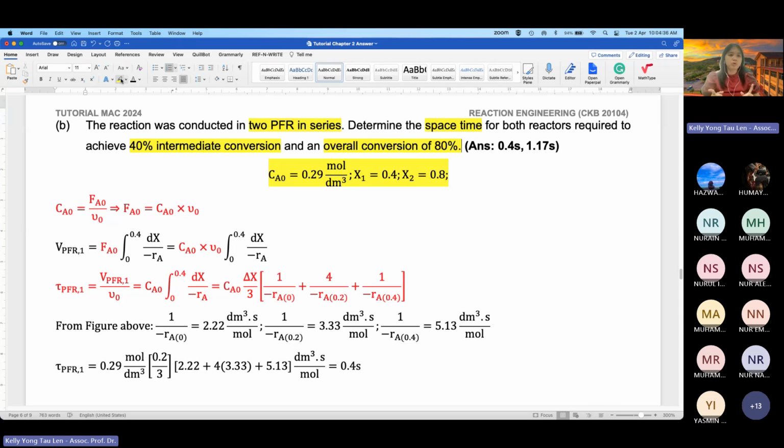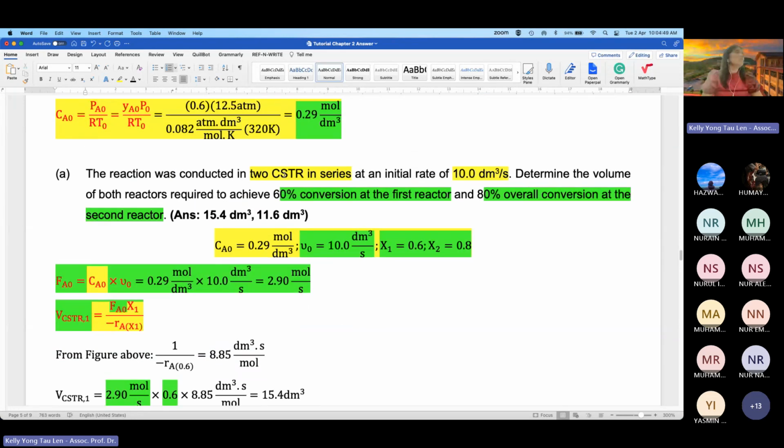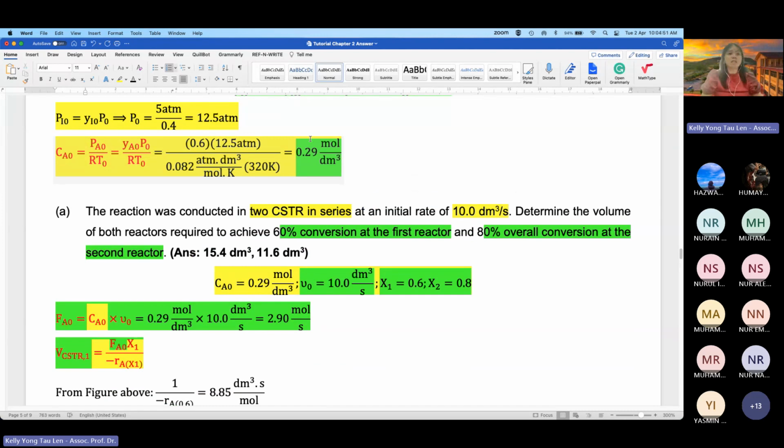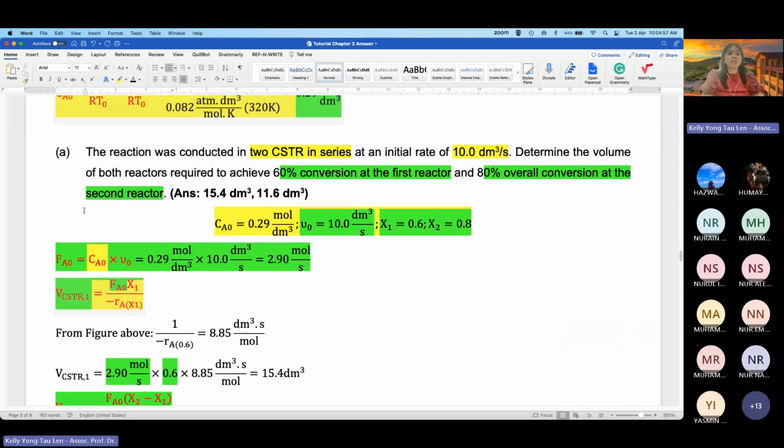Again, you remember you first have to list out the information that you knew from the first question. From the first question, first of all, you find your CA naught. Then you find your FA naught. So I also have my FA naught. However, you may ask, can we use the FA naught from question A?